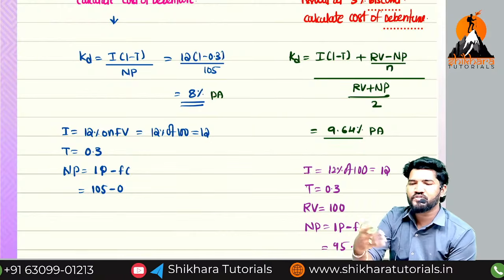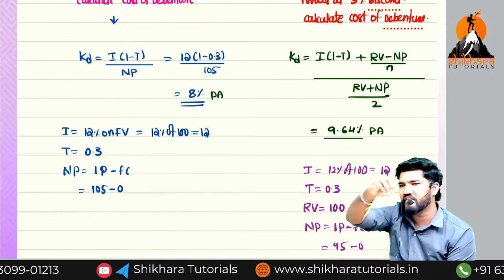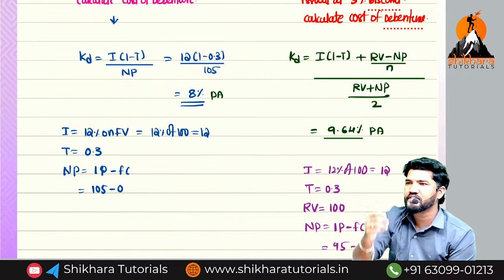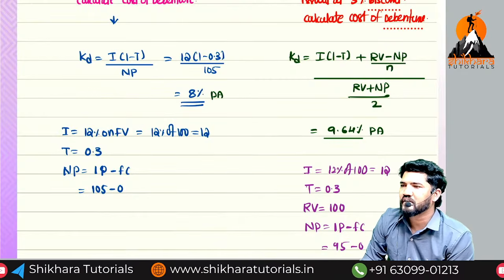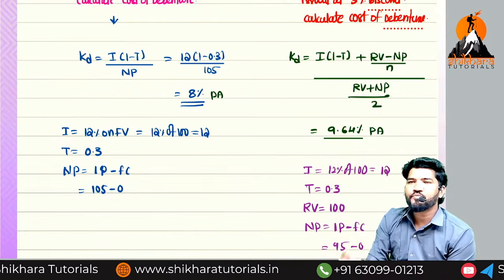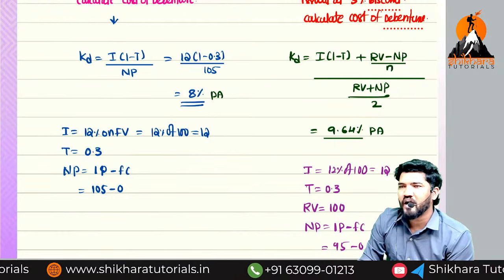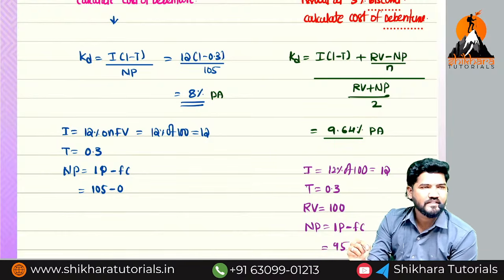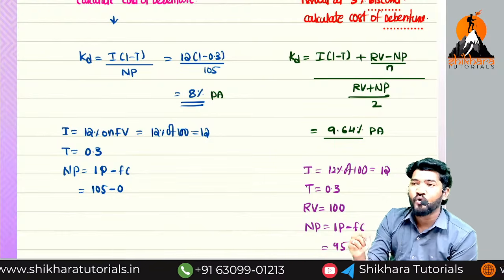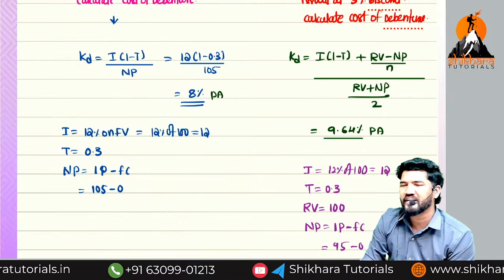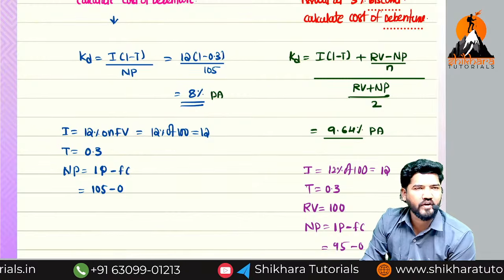But the books were prepared before 2012, so they continue with it. In the new FM syllabus also, there is a question. Dividend distribution tax needs to be paid by a company. At that time, we are not doing 1 minus dividend distribution tax, we are doing 1 plus dividend distribution tax. That's a special point, not required for us. Are you okay? Next.